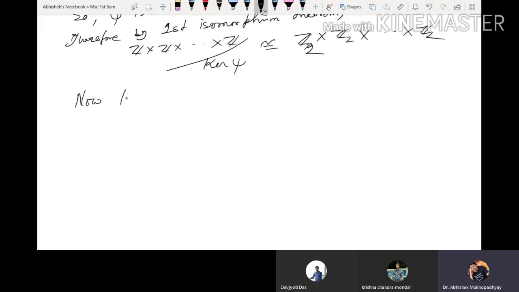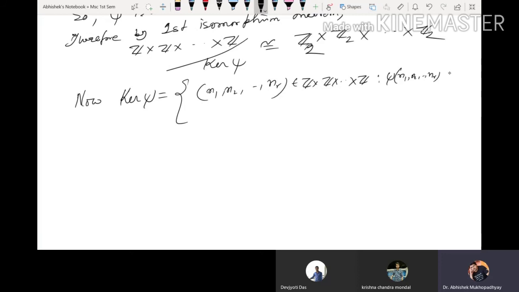So now kernel of psi equals the set of all those (n1, n2, ..., nr) belonging to Z cross Z up to r factors such that psi of (n1, n2, ..., nr) equals 0 plus 0 plus ... 0 plus.